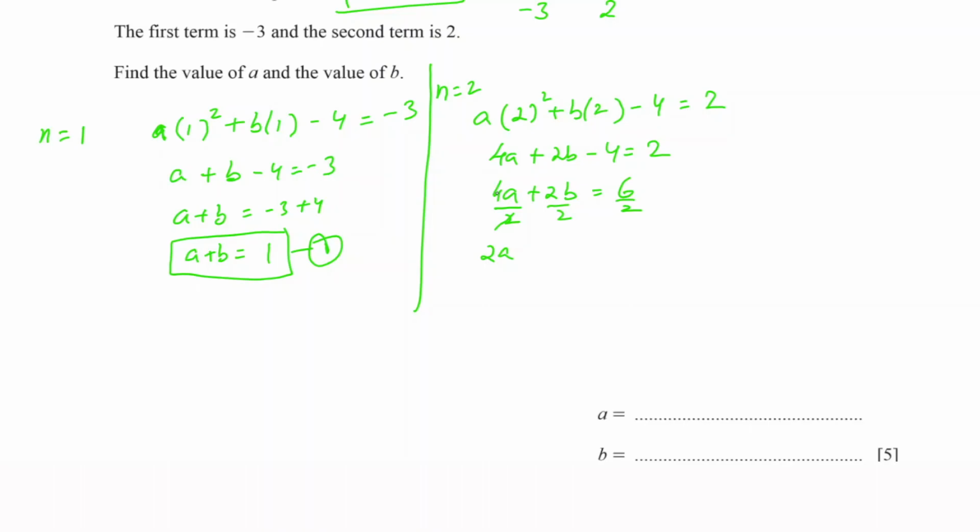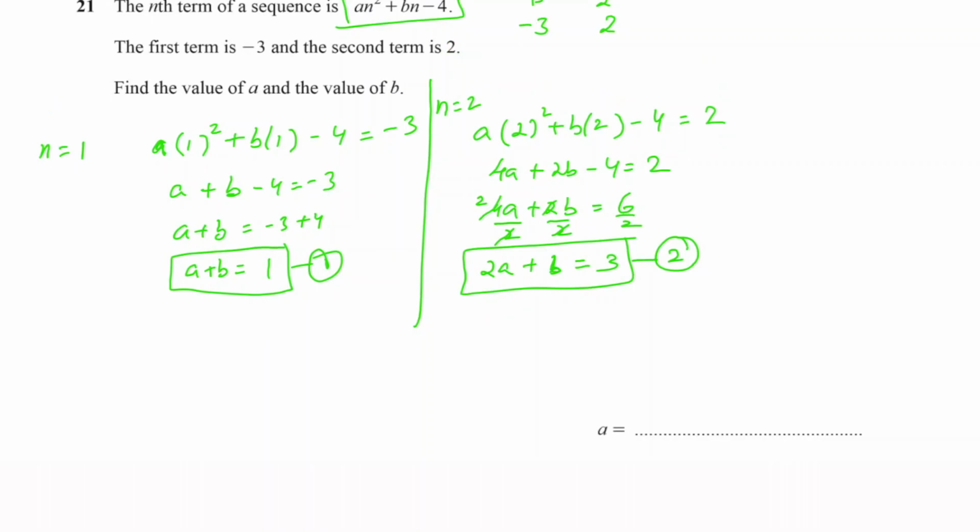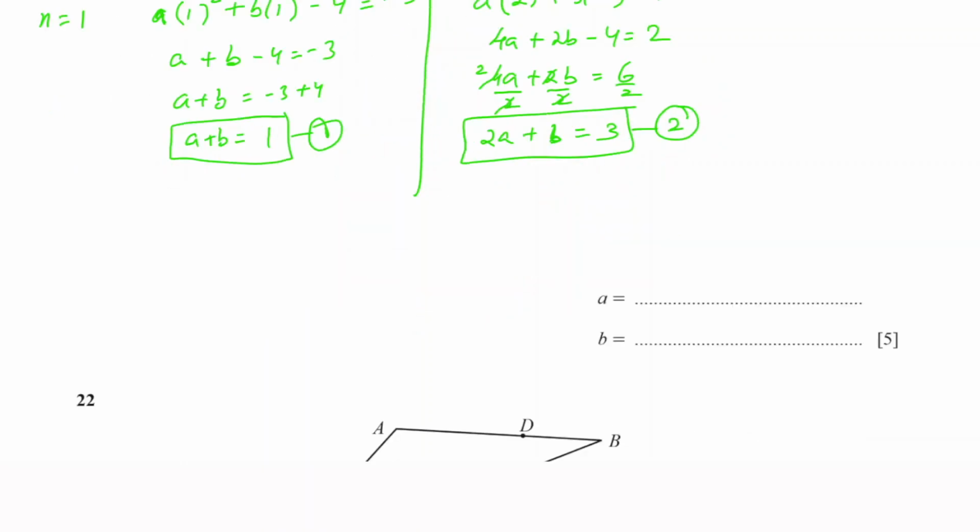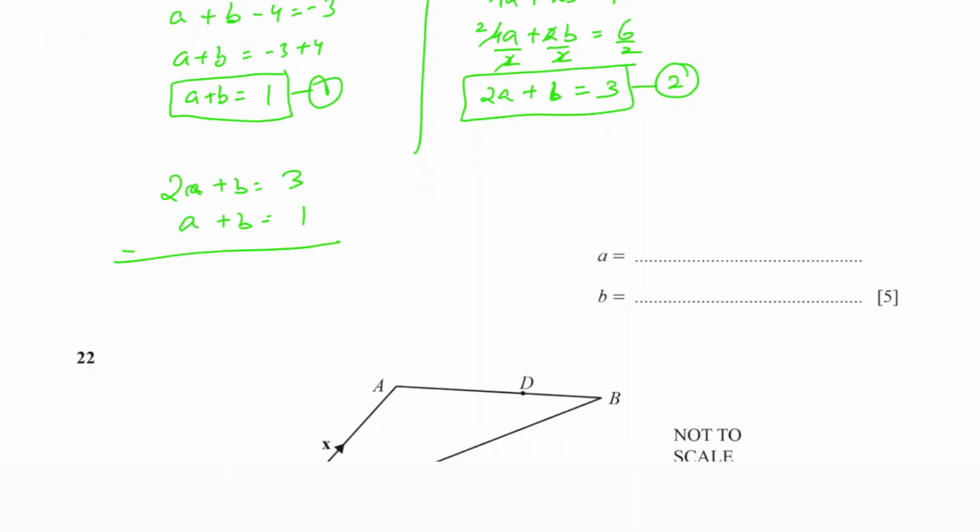So if I subtract equation 1 from equation 2, we have 2a plus b equals 3, and subtracting a plus b from it, 2a minus a is a.